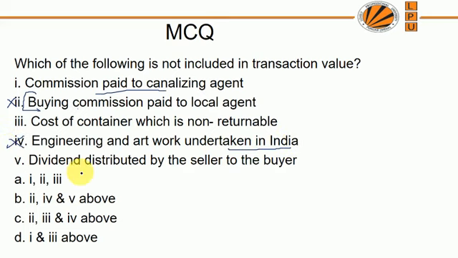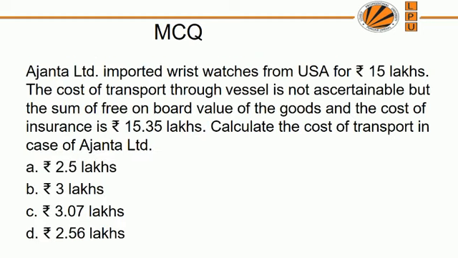No. Then dividend distributed by seller to the buyer, whether it will be taken or not? No, no dividend distribution here. We are not talking about the distribution of profits or sharing the profit by the term dividend. No. So these 3 options are not taken. Find out which is the option here. Yes, correct answer is B.